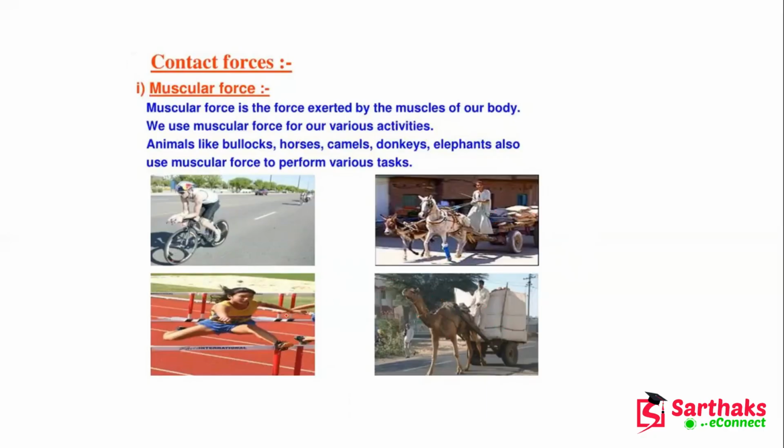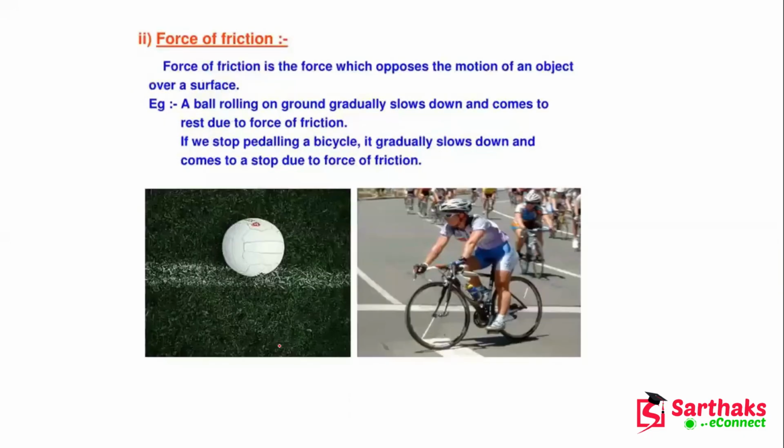Also, this person is using muscular force because she has to run, and that means what? She has to overcome whatever the frictional force she has in between this track and her foot. Okay, so here we are using muscular forces.